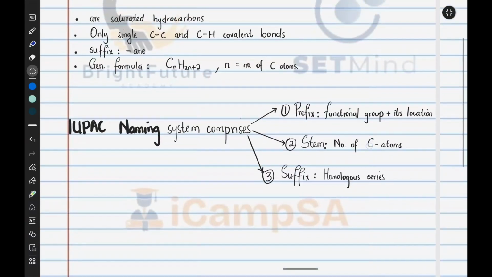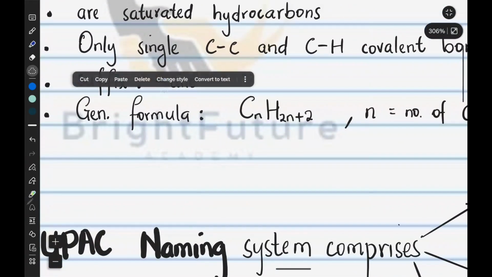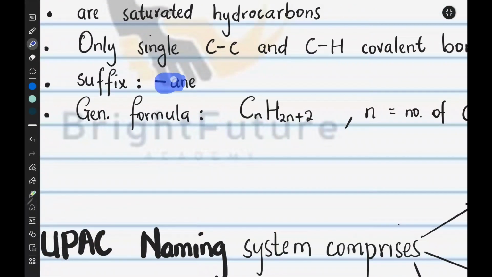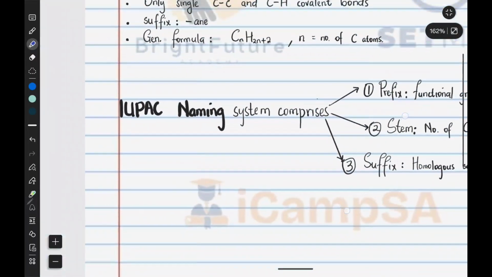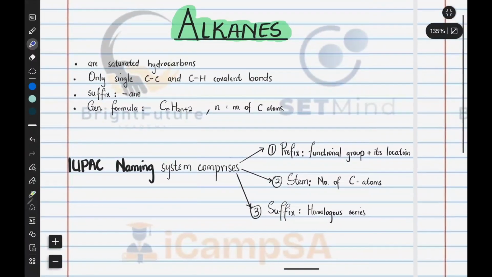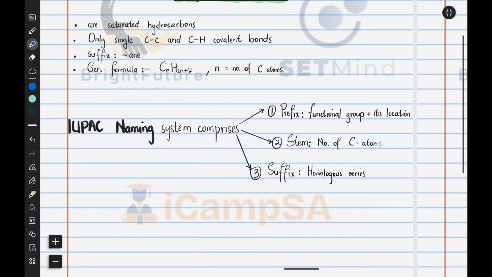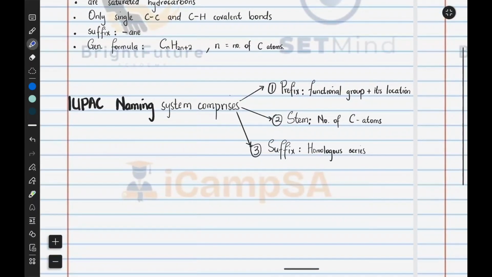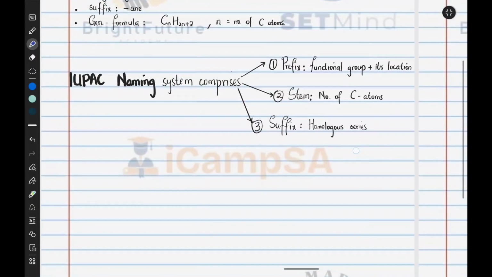In the case of alkanes, our suffix is ANE. We will get to how we use the IUPAC naming system for different hydrocarbons and other organic compounds. For now we're just introducing it. Like I said, it comprises 3 things: the prefix, which is the start of the word, the stem, which is the body, and the suffix, which is the end part.